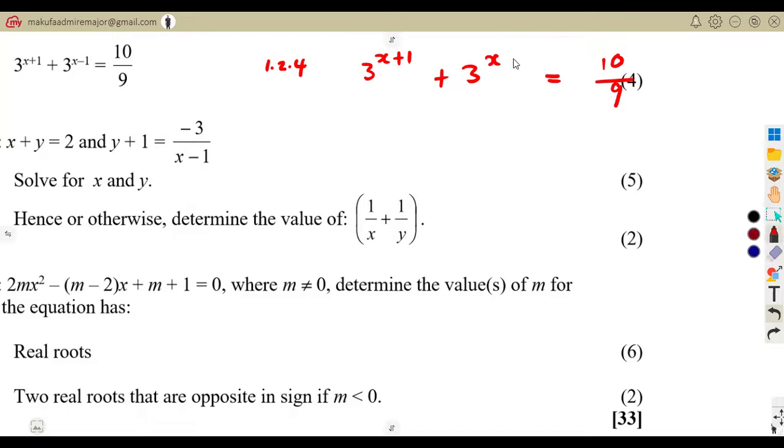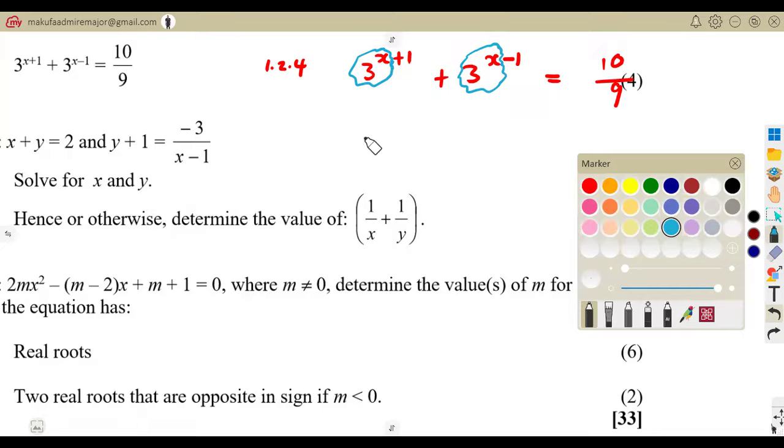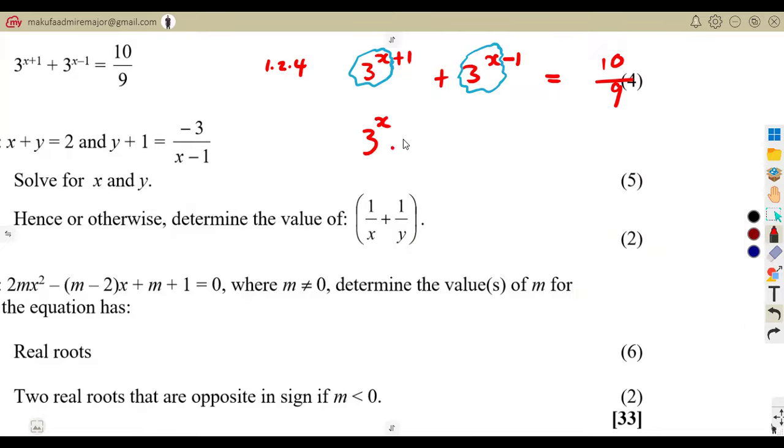Remember, I said you can separate these exponents that you are given. 3 to the exponent of x is common here, so you can separate that easily. This is same as 3 to the exponent of x times 3 to the exponent of 1, just use it as 1, plus 3 to the exponent of x times 3 to the exponent of -1.